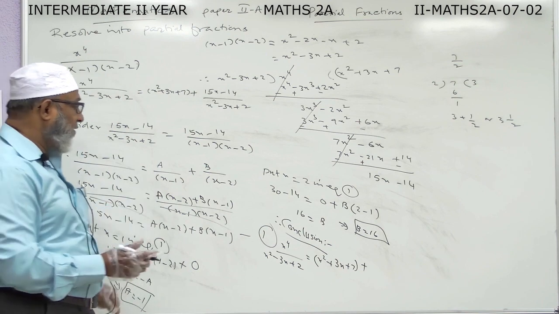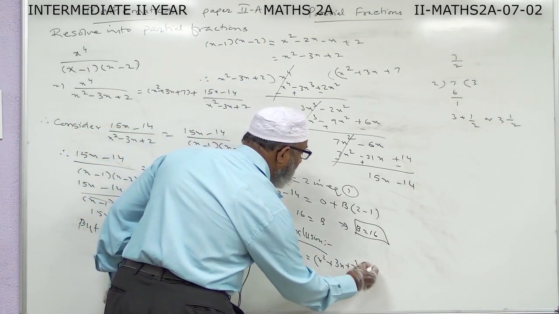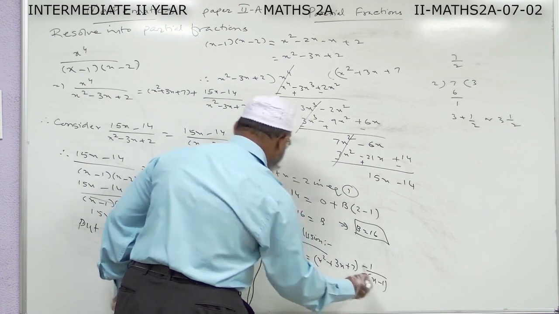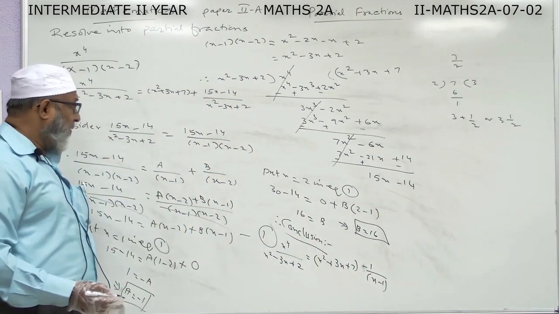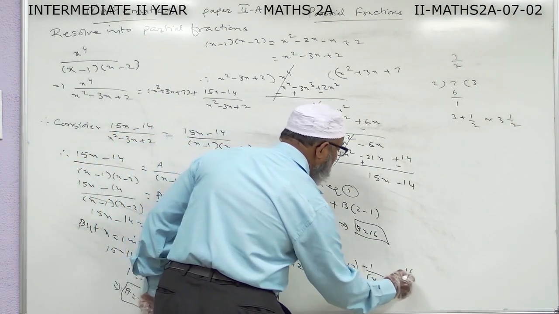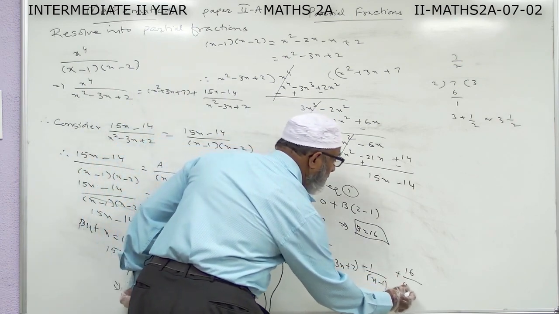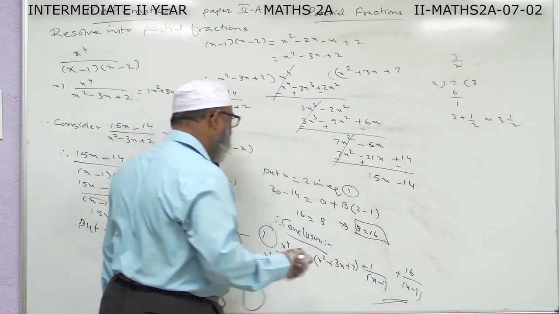Minus 1. Minus 1 by (x minus 1) plus b. What is b? 16. Plus 16 by (x minus 2). So, this is my conclusion.